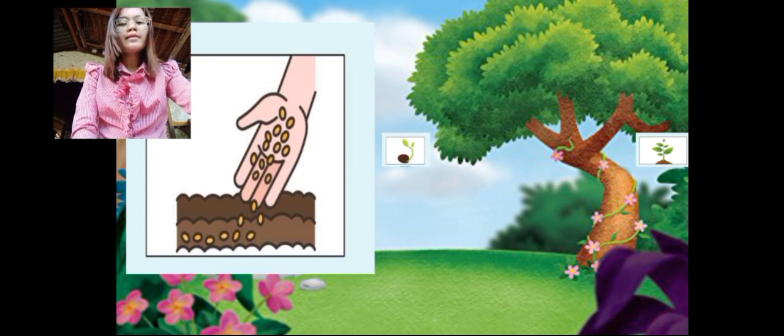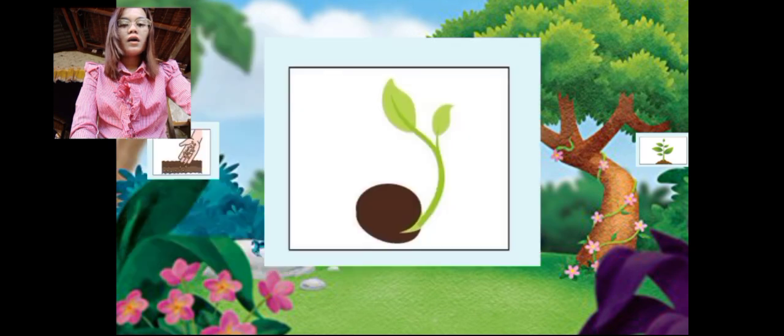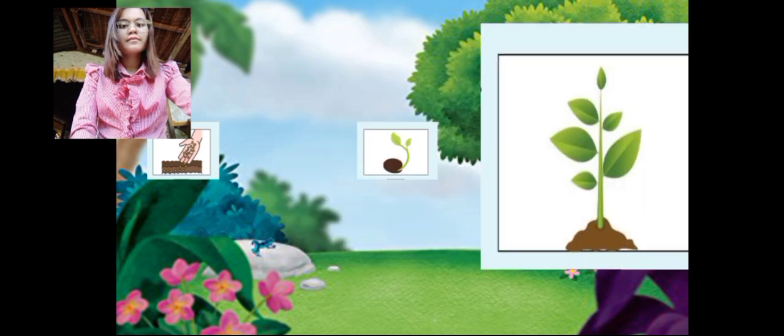Now I have a picture here. What did you notice about the pictures? It is a growing plant, teacher. Yes, it is. Do you think these three pictures are related, and in what way? Teacher, because the pictures show how a plant grows.